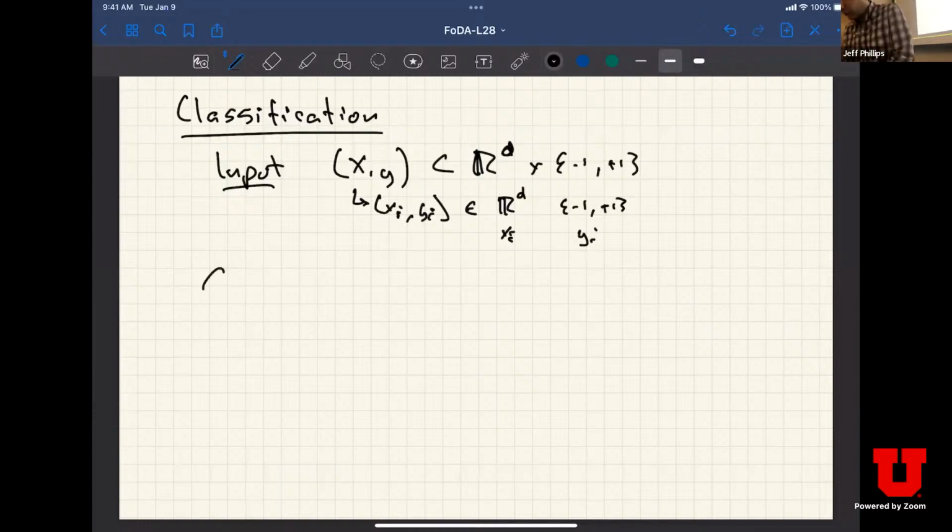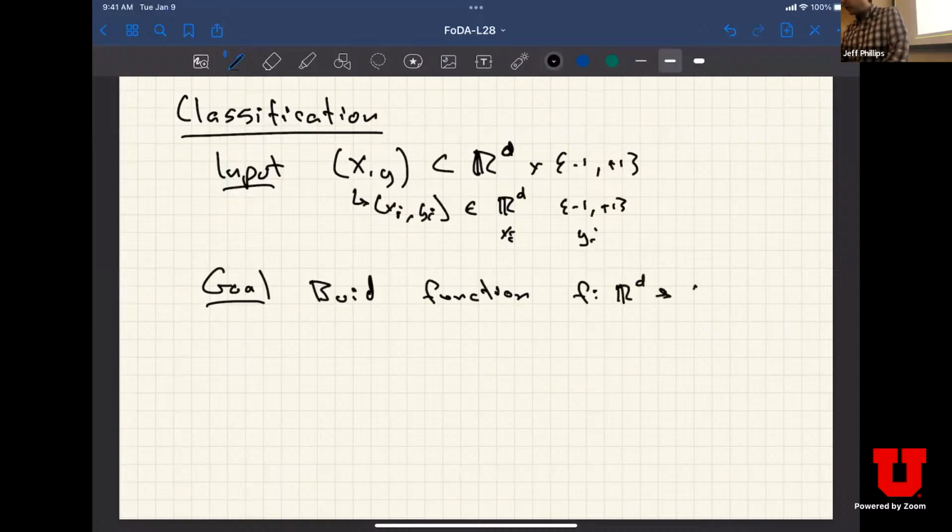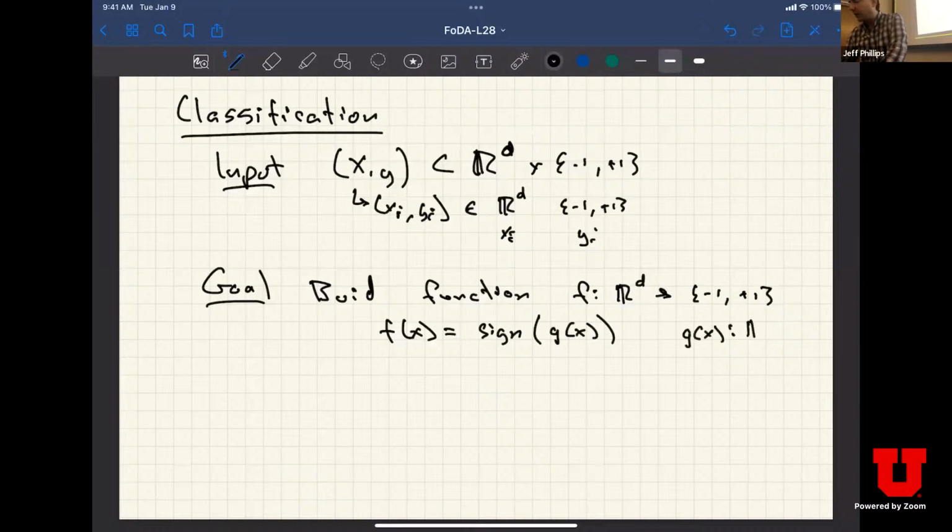And the goal here is to build a function f from R^d to {-1, +1}, and we typically implemented this where f of x is going to be the sign, either -1 or +1, of a function g of x, where g of x is from R^d to the real values.